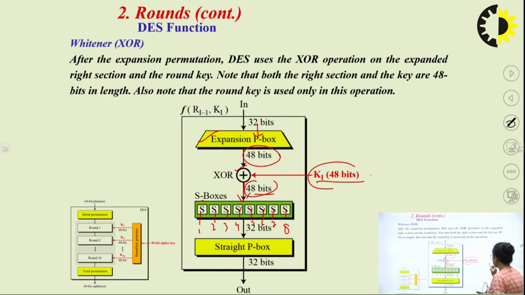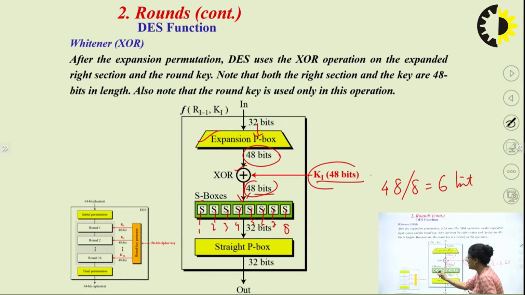So in each S-box, how many inputs will you have? 48 by 8, that is 6-bit. Each S-box will get a 6-bit pattern, and the S-boxes together will convert the 48-bit to a 32-bit pattern.